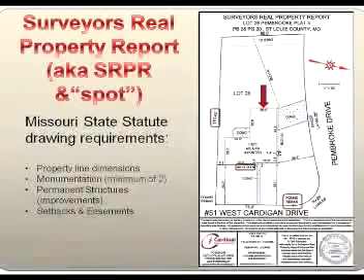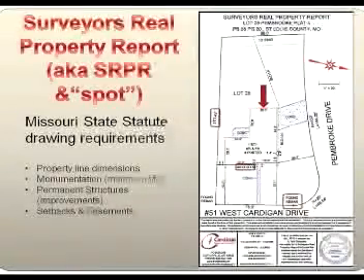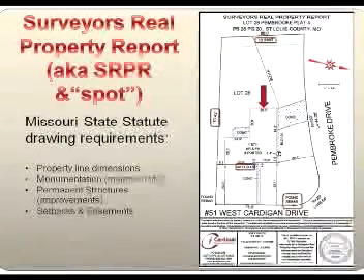You're also going to find the setbacks and easements. The setbacks would be those building lines that the county says we have to put our house behind. The reason those exist is so that you don't have one house right up against the curb and one way far in the back of the lot. It just makes it more aesthetically pleasing as you're driving down the street. And it makes it so that everybody's kind of centered in their lots.